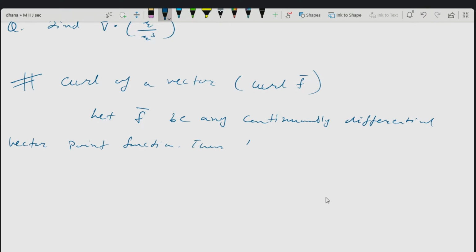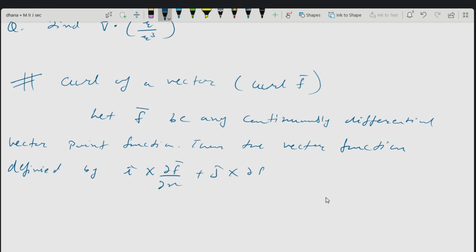Then the vector function defined by i cap cross dou f bar by dou x plus j cap cross dou f bar by dou y plus k cap cross dou f bar by dou z is called curl of f bar. This is a vector function only, is it or not? When you take the cross product of two vectors, is it a vector or a scalar? Vector. Vector only.